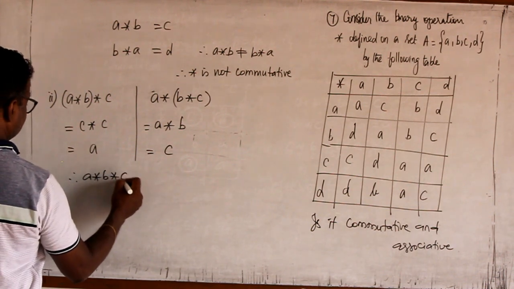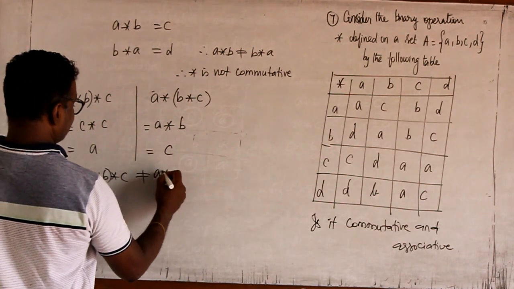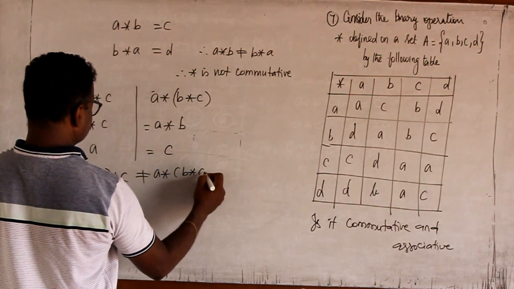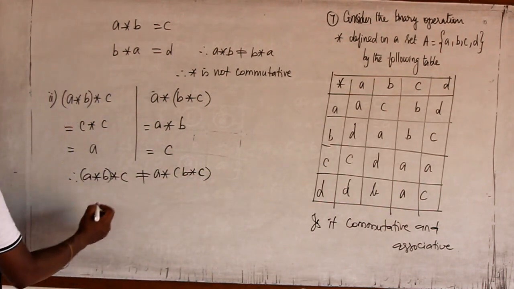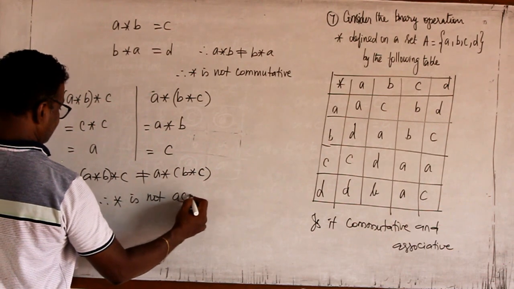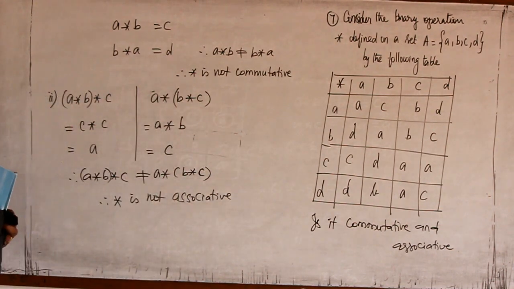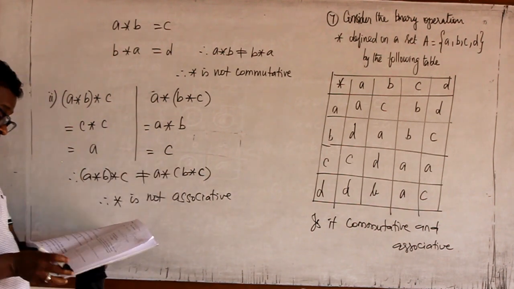I am getting A here where I am getting C here. So when I reorder the bracket, I am not getting the same answer. Therefore, star is not associative. Therefore, the table does not obey both the commutative property and the associative property.